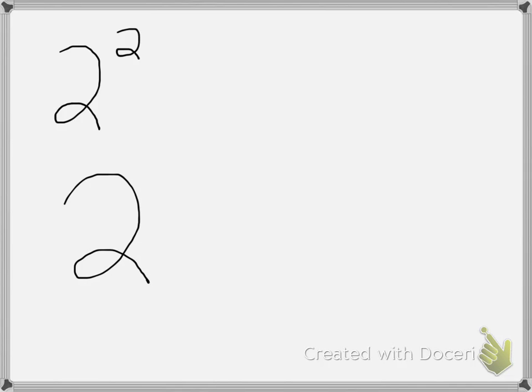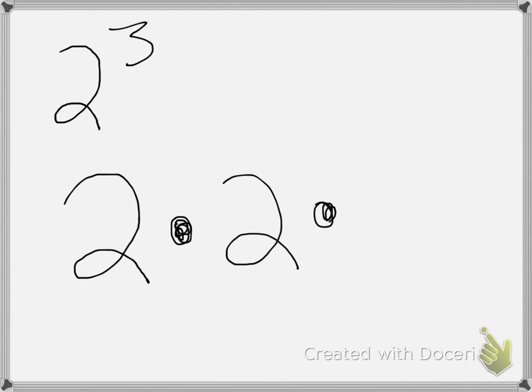But what does that really mean? Okay, you have a base and you have a power. What that means, if you translate it into a regular mathematical expression, is 2 times 2. If this exponent ended up being 3, then it would be 2 times 2 times 2.